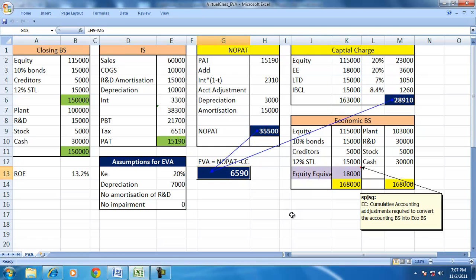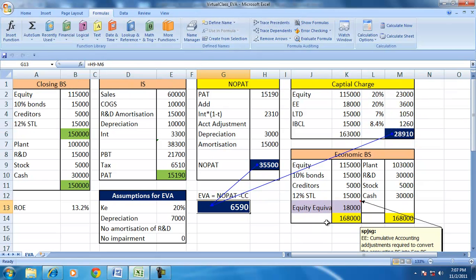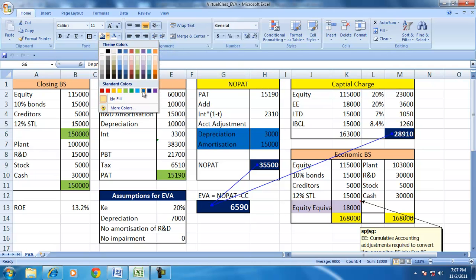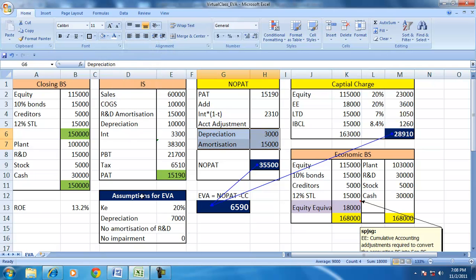But a few things that I would like you to have a look at is the concept of the accounting adjustments. In this case, the accounting adjustments relate to depreciation and amortization, which is equal to the equity equivalent.